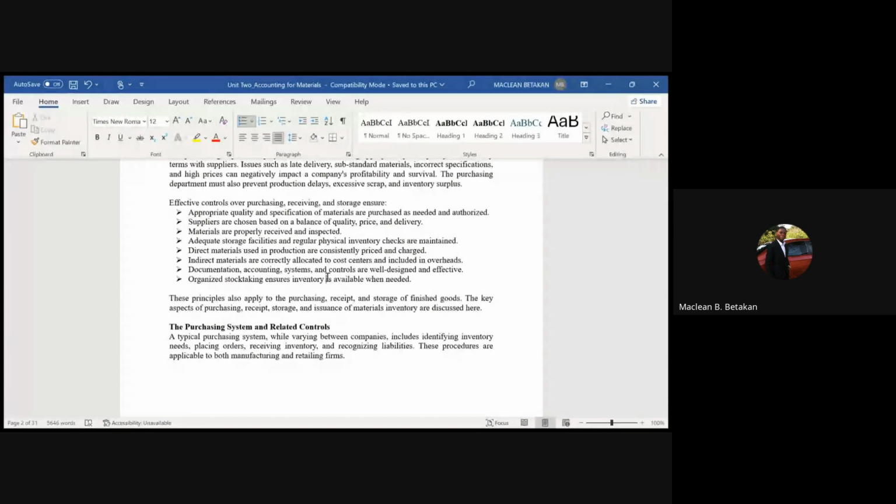You don't have to wait until the material is finished before you now order for them to bring. You must have a level at which, whenever the material reaches it, let's say reorder level, then you place the order.